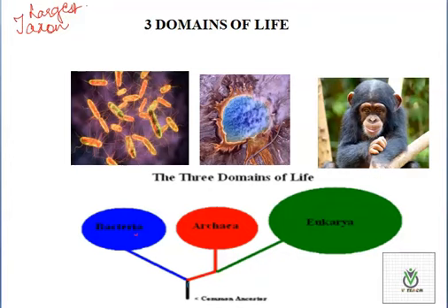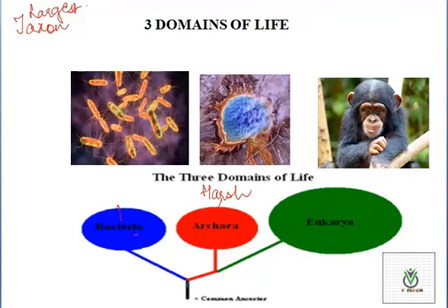In the 6 kingdom classification, Monera has been divided into 2, that is bacteria and archaea. Archaebacteria includes those bacteria which are found in very harsh conditions, whereas bacteria includes all the normal bacteria which are found in normal conditions. And eukaryotes include all the eukaryotic organisms.